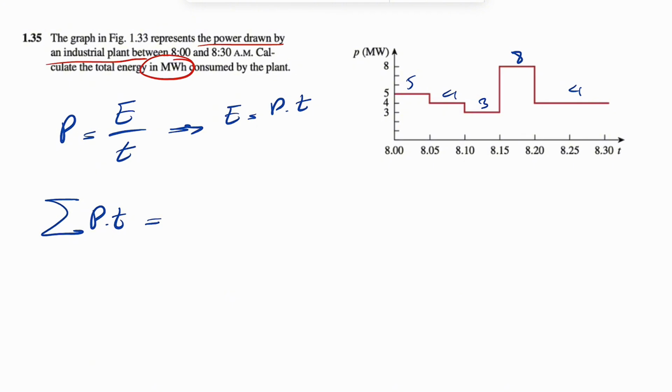Let's start with the first interval, 5 minutes times 5, so 5 times 5 divided by 60 to get it in hours.